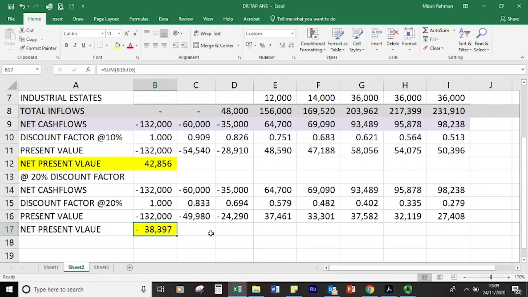As is evident, cost of capital has gone up by 10% and the NPV has gone down by almost the same value. Now you can see that at 10% it is positive 42 and at 20% it is negative 38. Both figures are very close to 40.